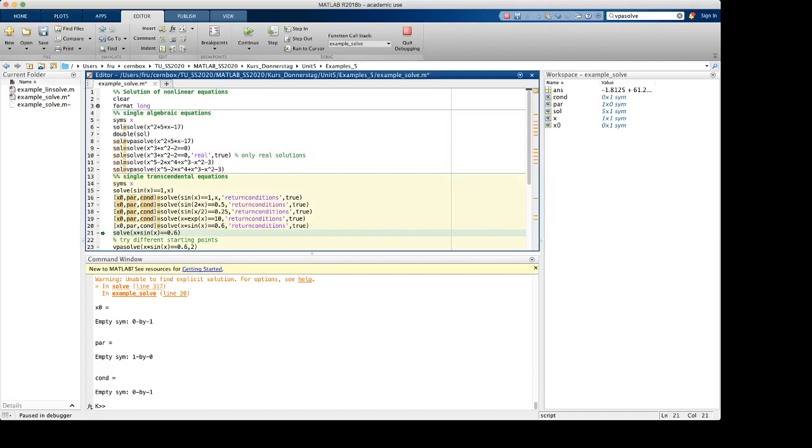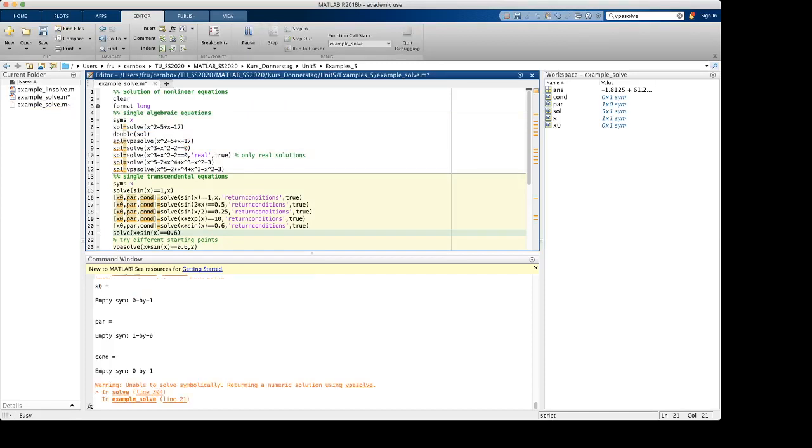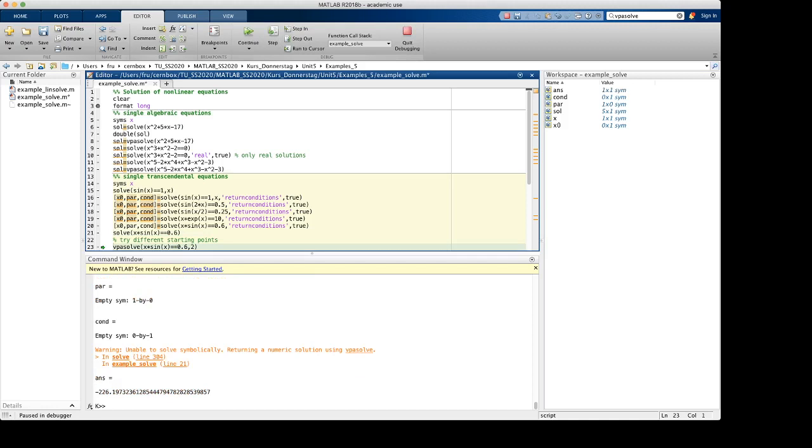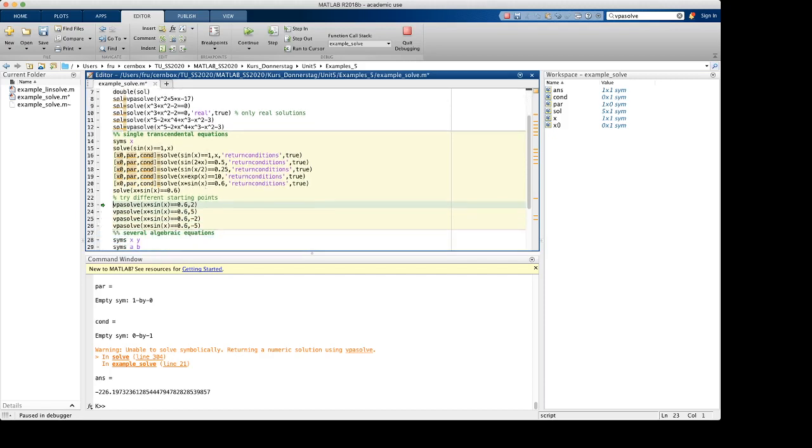If we execute line 21, we do get a solution, but maybe not the solution that we're interested in. We get the first solution that the function solve finds, which in this case is approximately minus 6.2. But we can try to find zeros with different starting points.